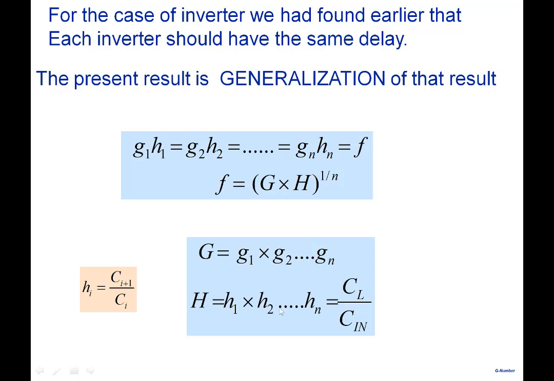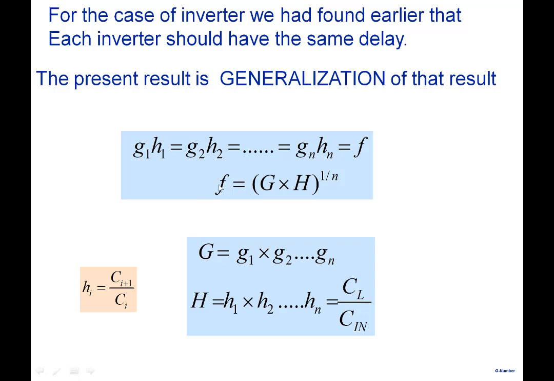And H is H1 into H2 into H3. All these intermediate terms cancel out and you end up with CL by Cin. So H is known for a circuit: CL is known, input capacitance is known, and G is known, since we have already seen how to find G for each gate. Therefore you can find out what F is.